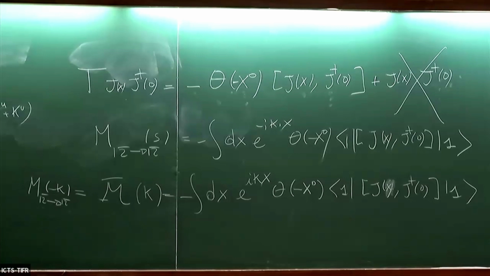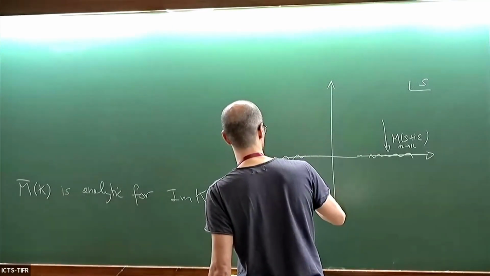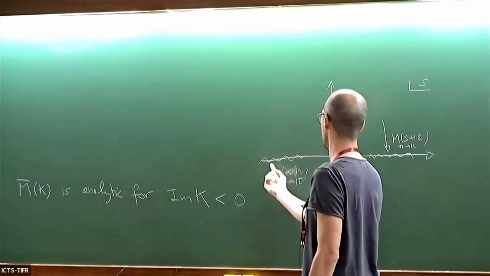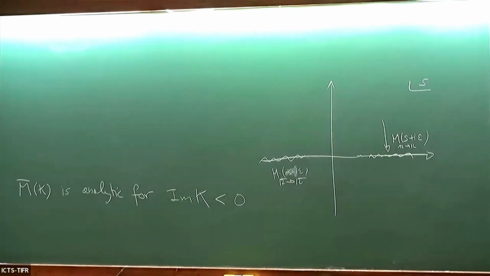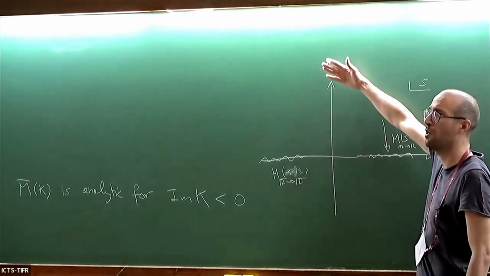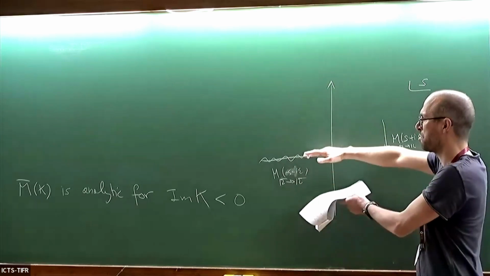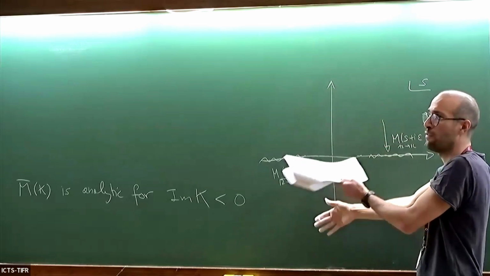When I approach the real axis from below for m bar, I'm approaching m12 bar for negative k, which is going to be this region here, basically minus s. At this point I have two functions that in principle have nothing to do with each other. One function is defined here, another function is defined there. It's kind of cheating writing them on the same plane, since they are two functions on different domains.